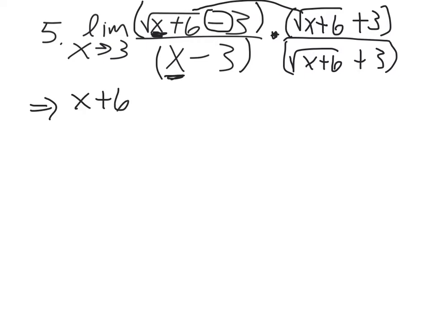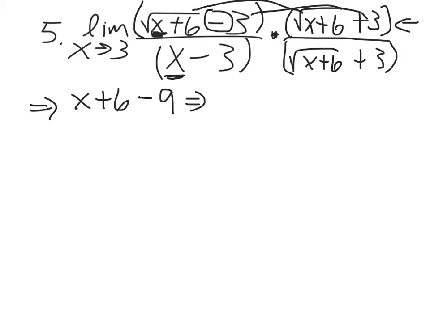Then the outsides and the insides, because of the opposite signs, cancel each other out, and we're left with the last minus 9, which would be our numerator.